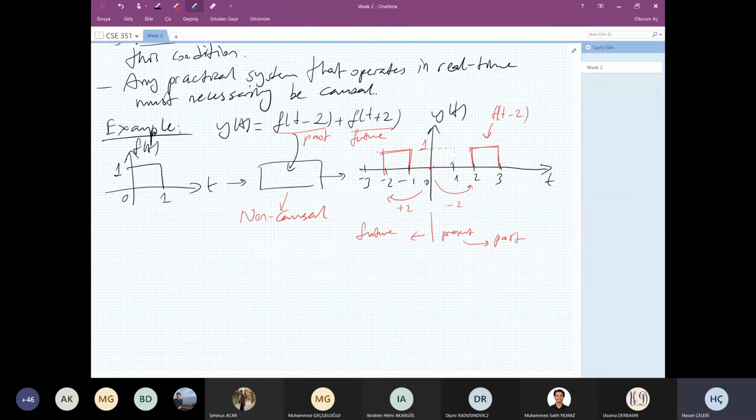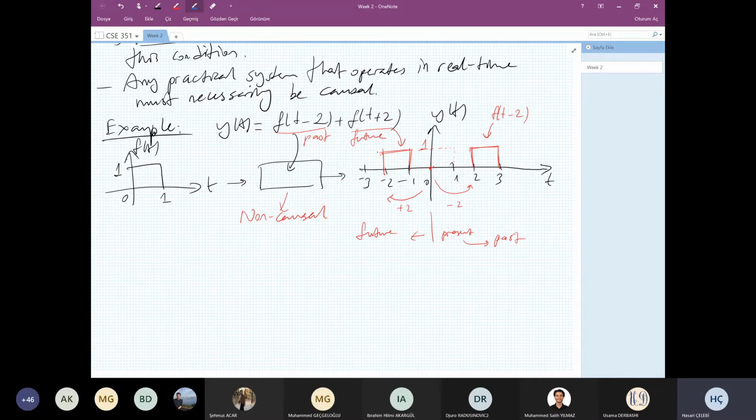If there is at least one sample from the future, then such a system is called non-causal. When we say future, it is the one on the negative side, on the left side. Because of this part, this system is non-causal.